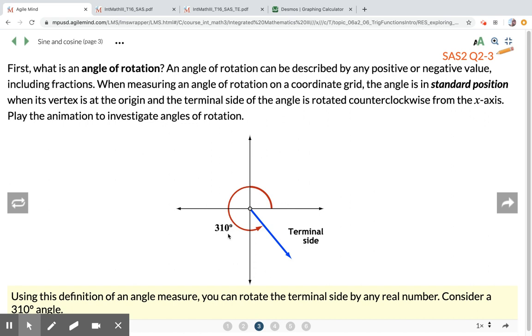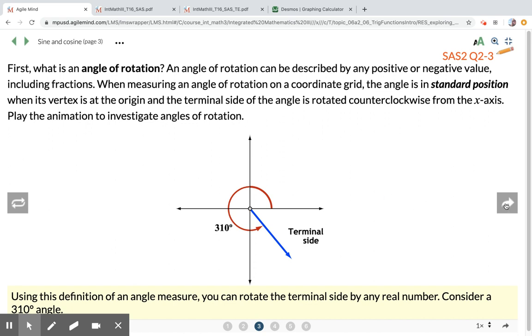But we took it further. You can add on another 90 degrees. So 180 plus 90 gives you 270 degrees. But we went 40 degrees past that. And we got all the way over here to 310 degrees. So yeah, you can rotate pretty much any number you like. So this is a 310 degree angle.